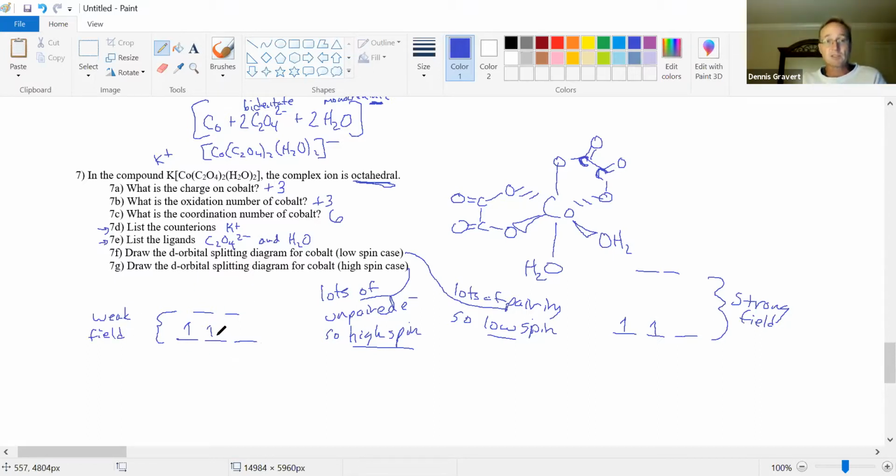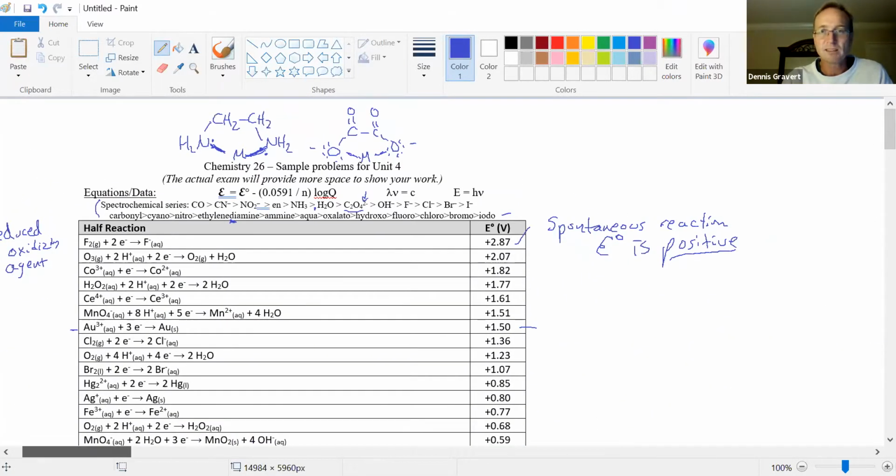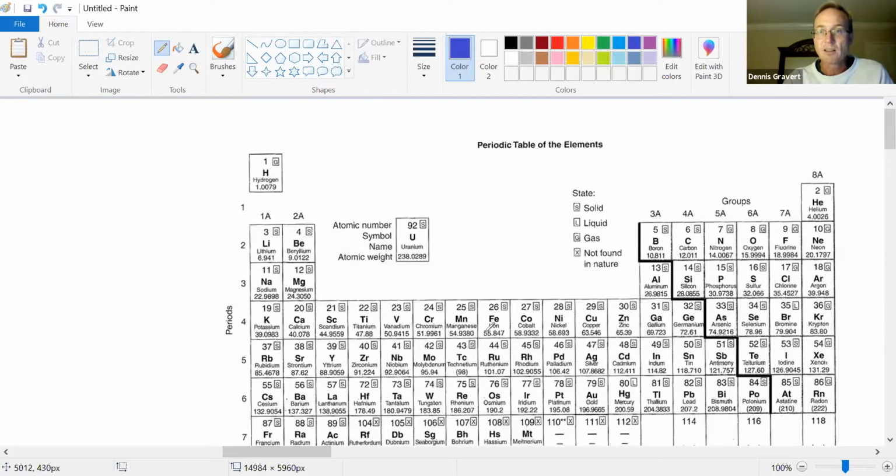Okay, let's find out how many electrons are supposed to be in here. Cobalt, where are you on the periodic table? Cobalt, you're element 27, which means you have 7 d electrons. Your noble gas configuration is that of argon plus the 4s2, and then let's figure out the 3ds.